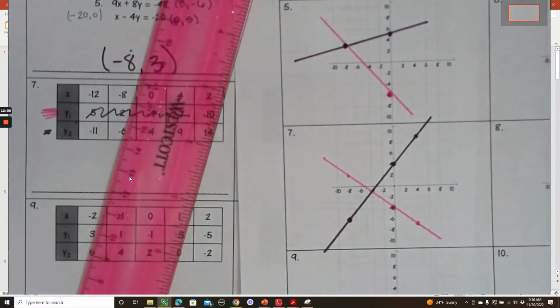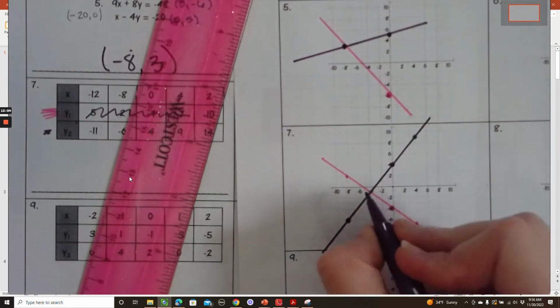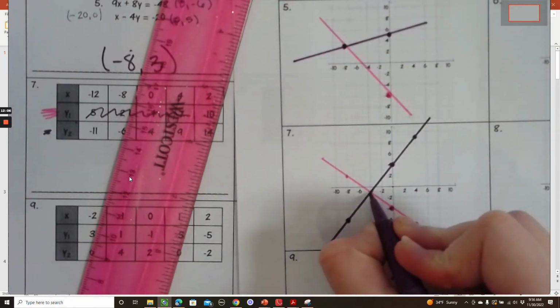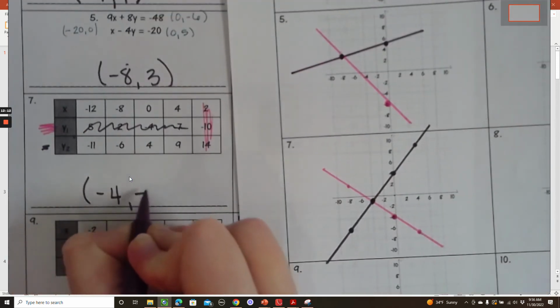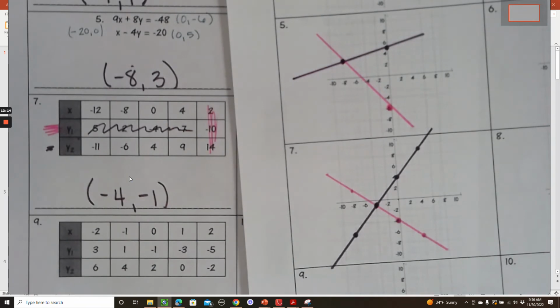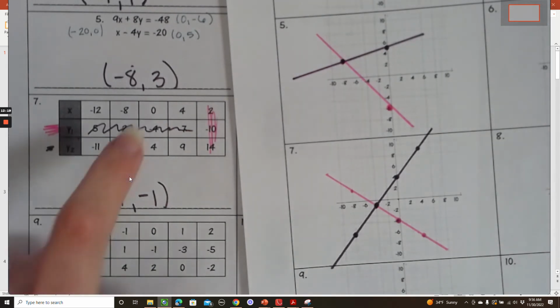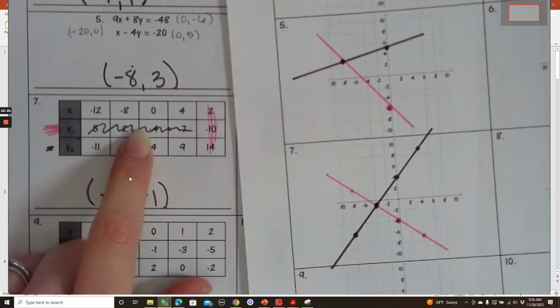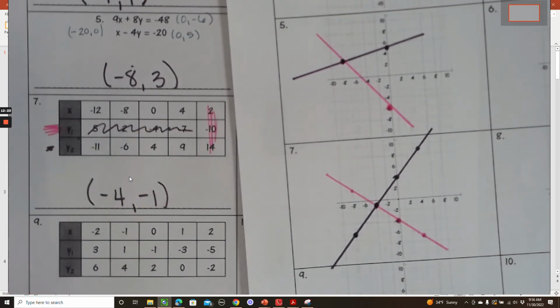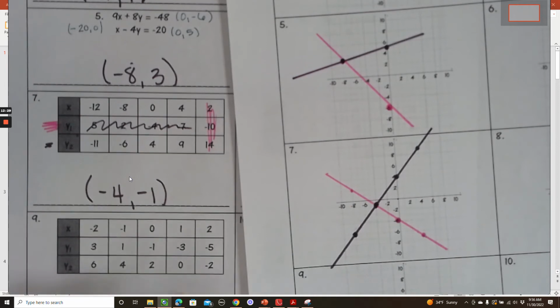And where they cross, so where does it look like those two lines cross? I would agree with that. -4, -1. So tables, for the least amount of work, graphing is the quickest. Your other option is to do linear regression on this table to get your 2 equations and then do the menu 3-2. That's a lot of steps when you can just graph it out. Okay?